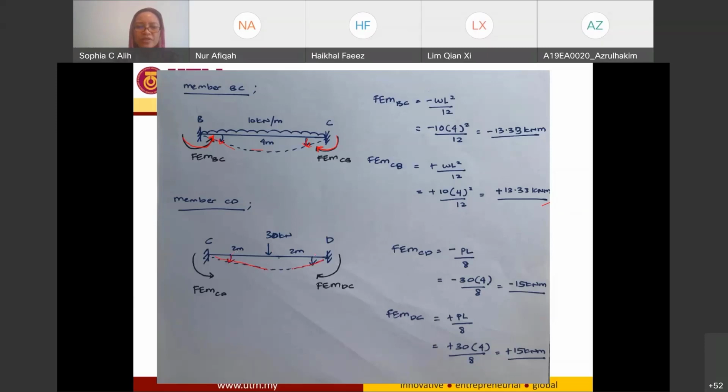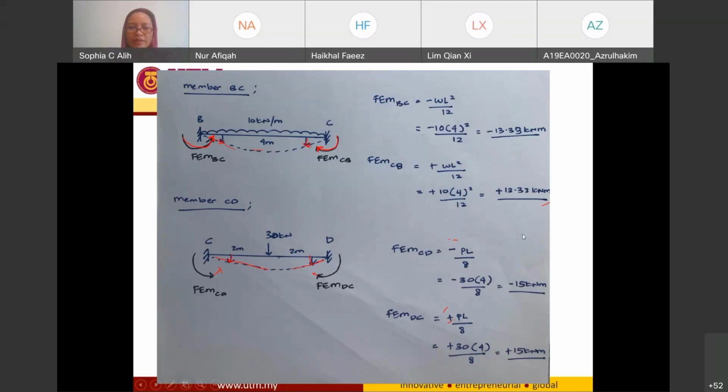So this is the deflection angle, and the job of your fixed end moment at the end of CD is to push it back to the original position. So you will have a counterclockwise direction. Since it is counterclockwise, you will have negative over here. And at the other end, FEMDC tries to push it back to the original position, so it's going to be clockwise direction. That is why you have a positive moment over here.